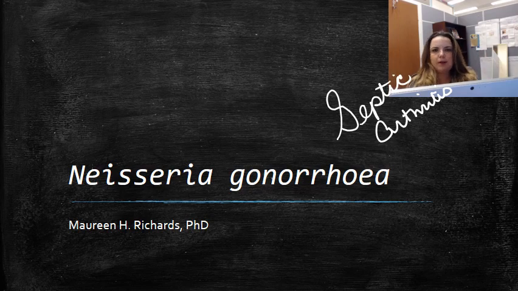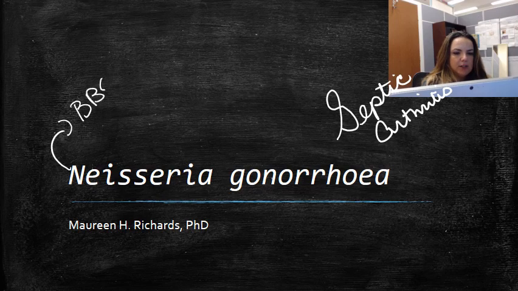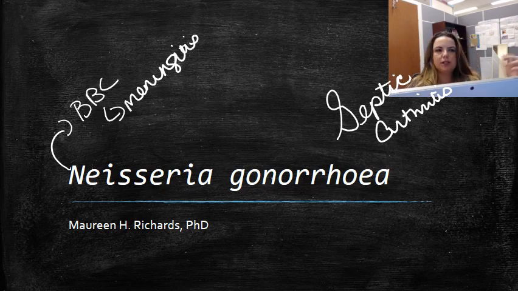And we've also talked about Neisseria before in some detail. We talked about Neisseria in your brain, behavior and cognition block when we talked about meningitis. And I bet you guys can remember the name of the organism because it's very easy. It's Neisseria meningitidis. So we have an understanding of some of the clinical syndromes that Neisseria gonorrhoeae can cause, and also some of the cousins of Neisseria gonorrhoeae, namely Neisseria meningitidis.